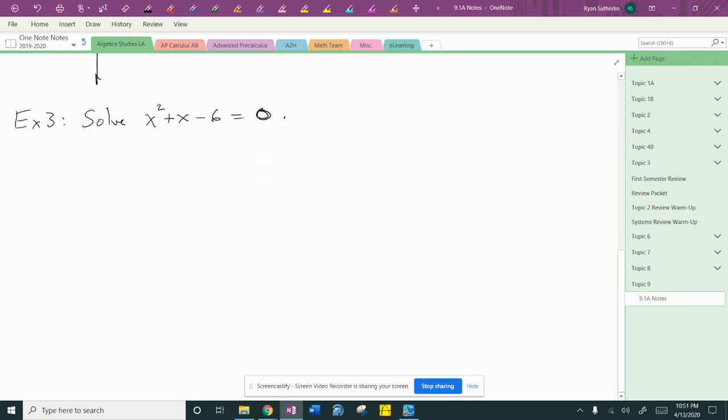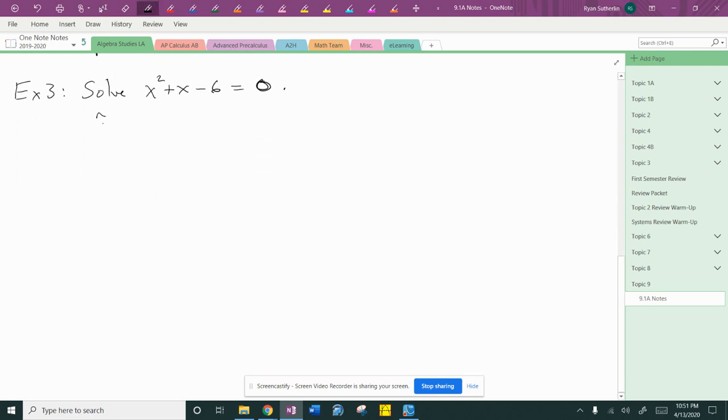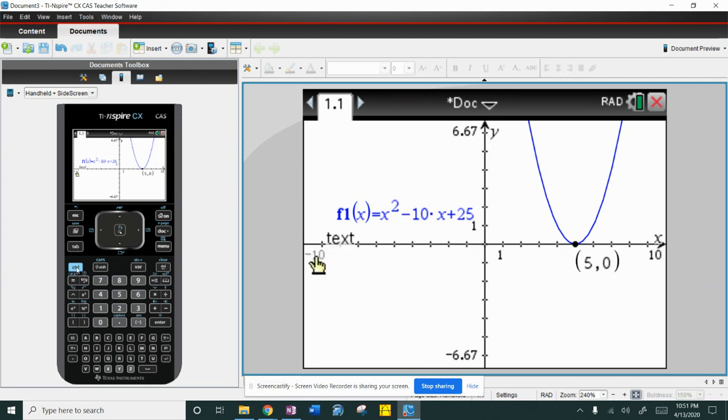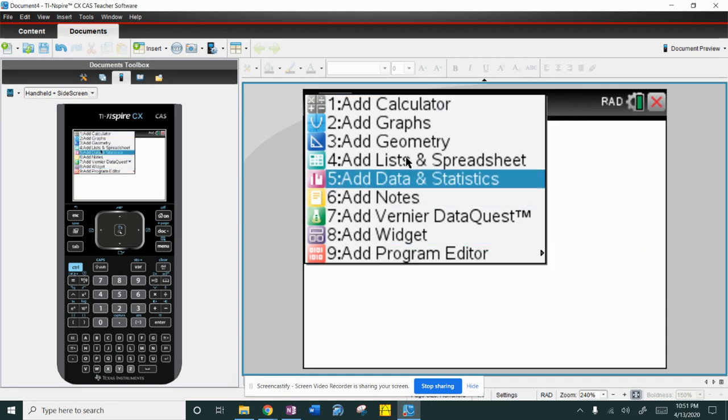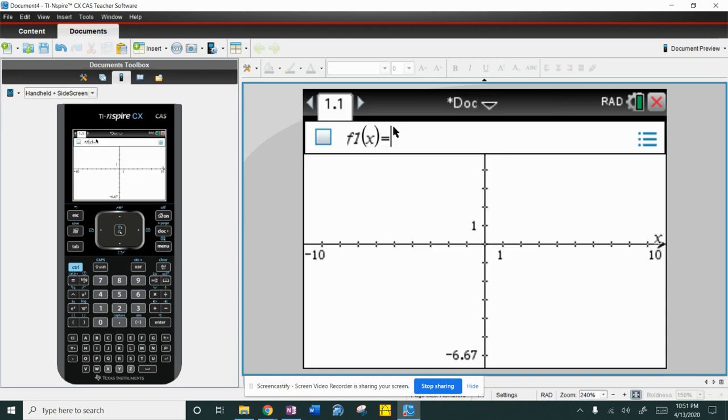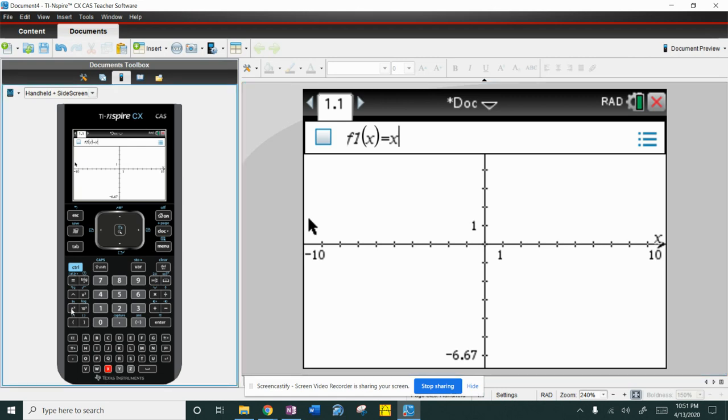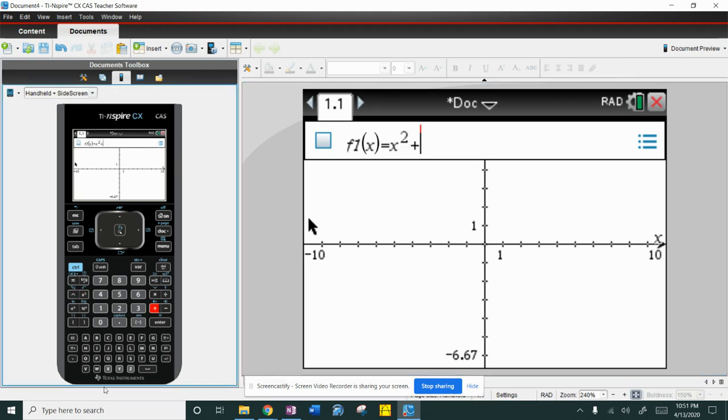Okay, here we go. Again, I'm going to draw a little XY axis, and this is the only thing you really have to show for work. If I ever have you do a worksheet or anything, you just sketch the XY axis. I'm going to go back to my document on the calculator and do a new document. For this one, I am going to graph x squared plus x minus 6.